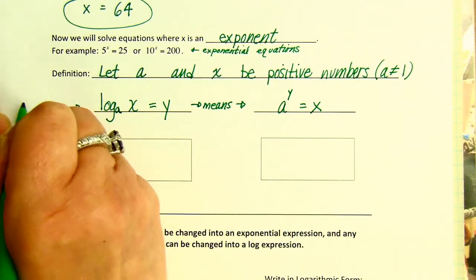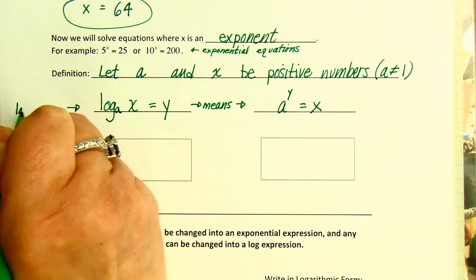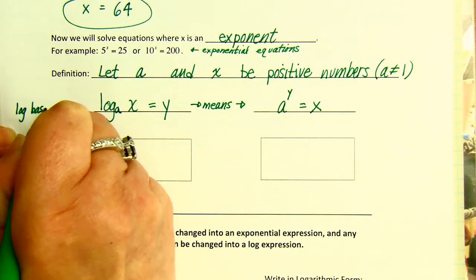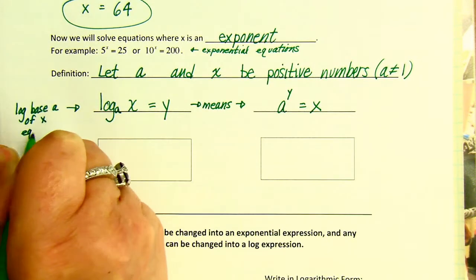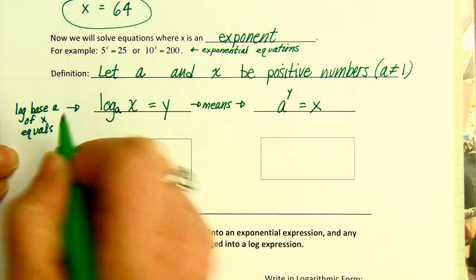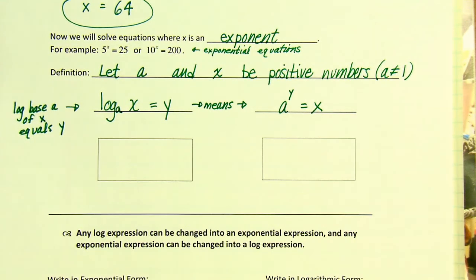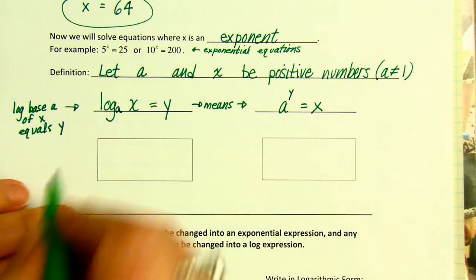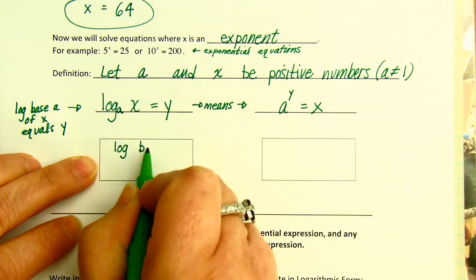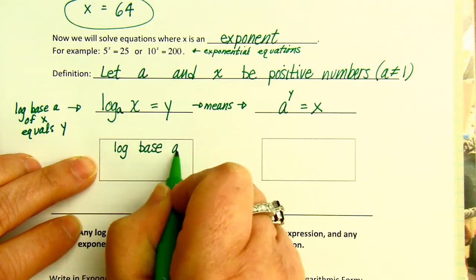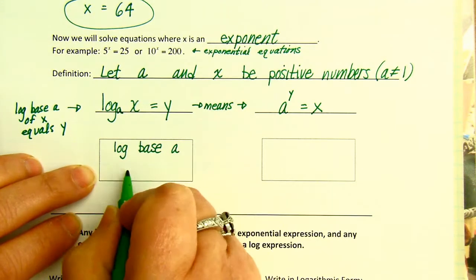You know, write that down if you think you might forget. Log base A of x equals y. A logarithm is an exponent. So this really means that A raised to the power of y equals x. Log base A is y.